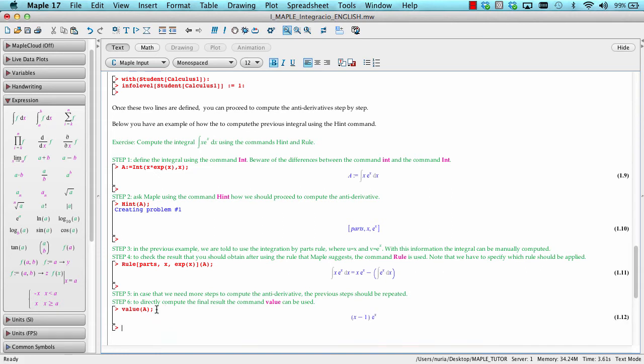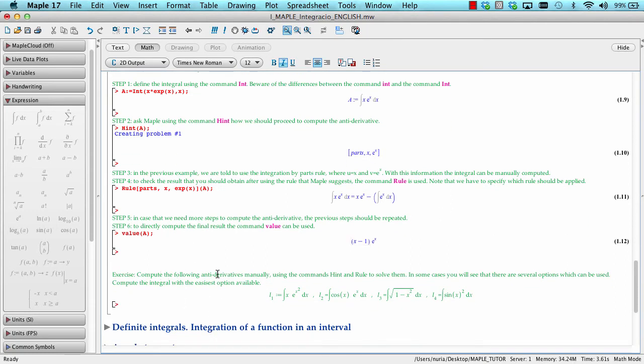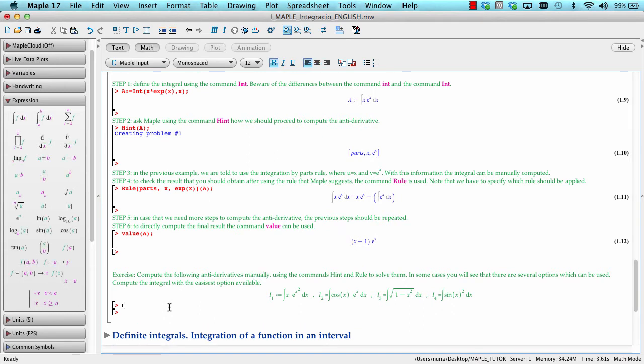But you can also directly, in any of the steps, say value of a, and you get the final result. So let's see how to use this in other examples. Compute the following antiderivatives manually. So let's start.